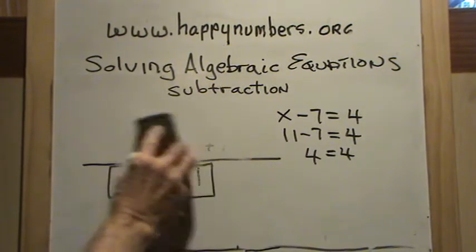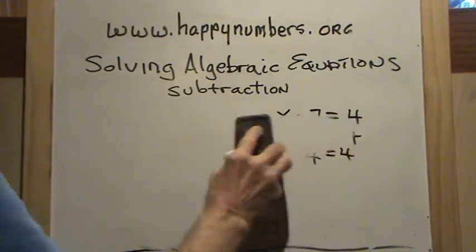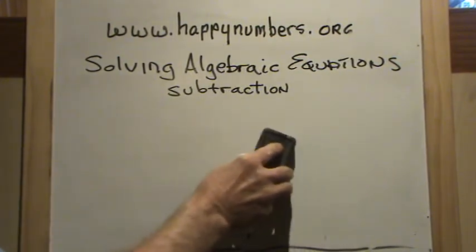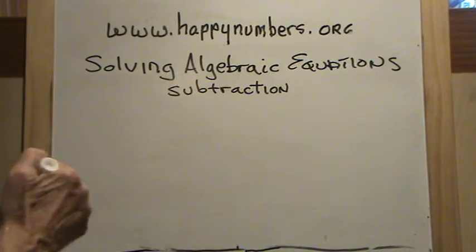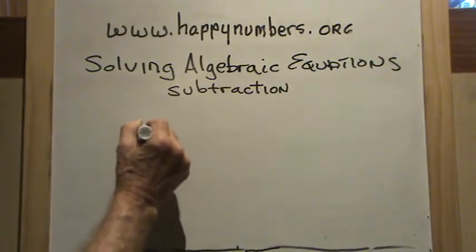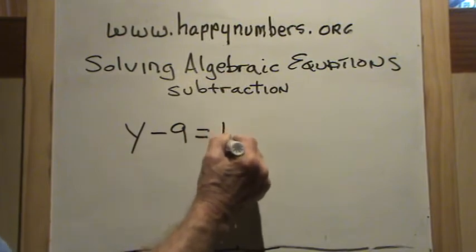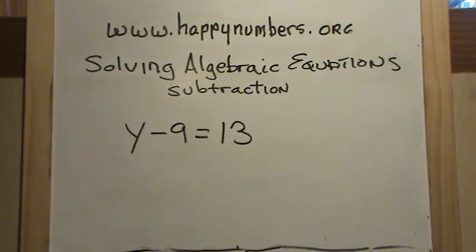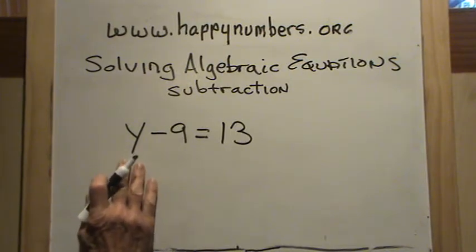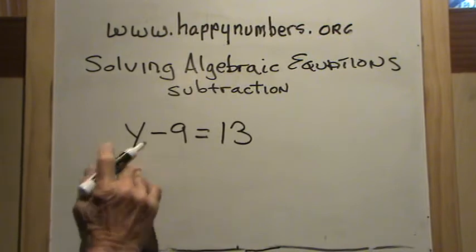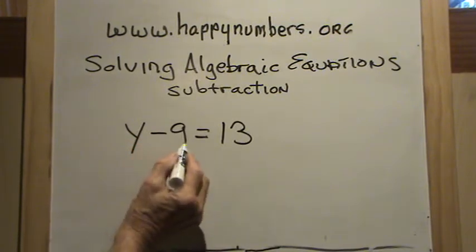Okay, let's take a look at another problem here. Let's try this one. Y minus 9 equals 13. Well, the process is exactly the same. I have to get the y by itself. To do that, I must get rid of this negative 9.